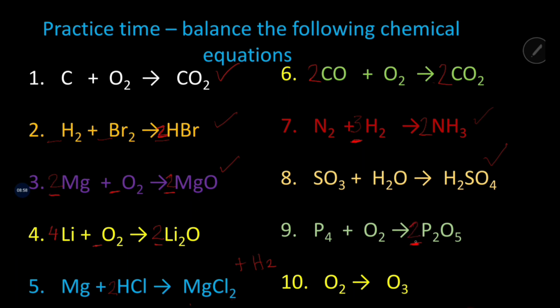Once I've multiplied by 2 now, there's 2 times 2 of phosphorus, which is 4. Now there's 2 times 5 of oxygen, which is what? 10 oxygens.